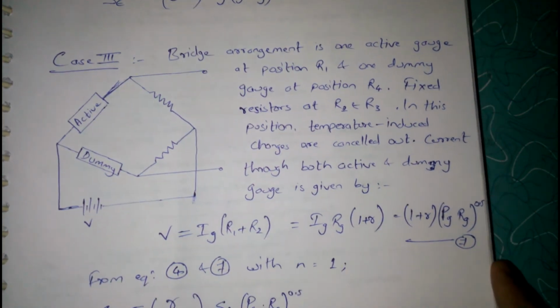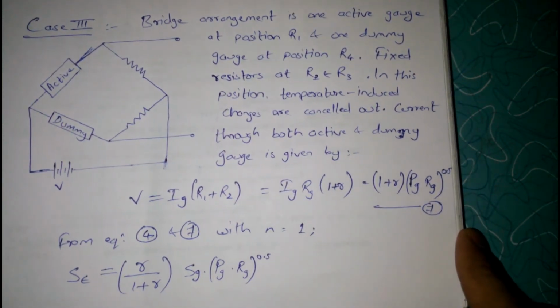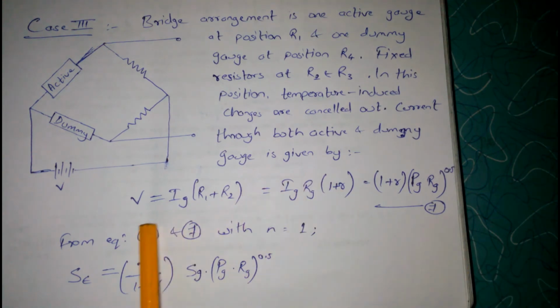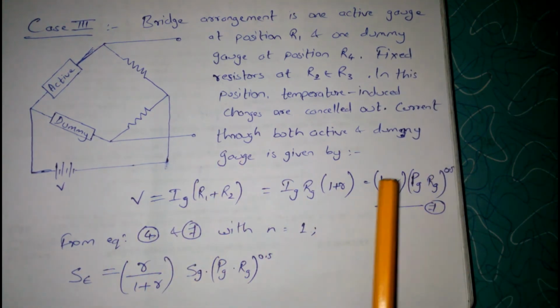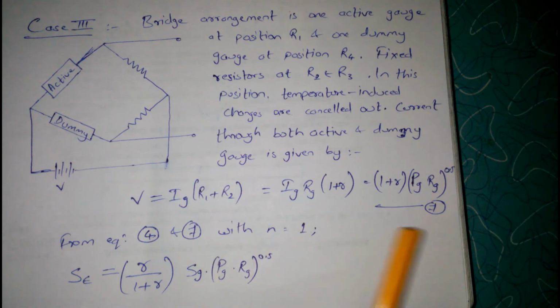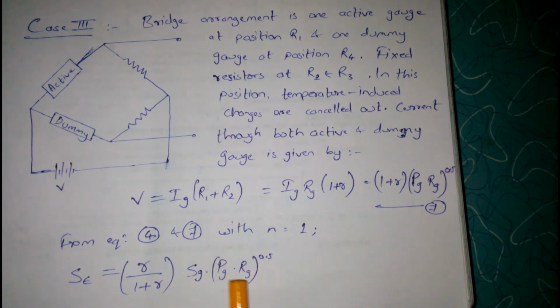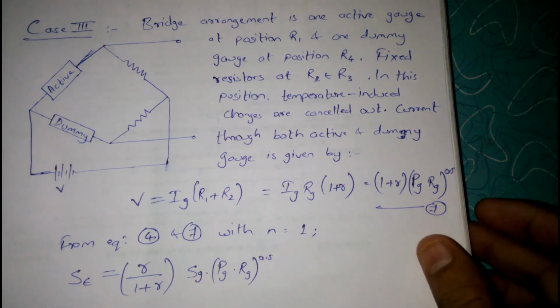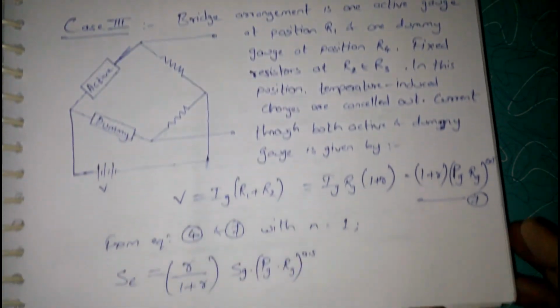The current through both the active and dummy gauge is given by this equation, and again by combining equations 4 and 7 with N equal to 1, we get strain sensitivity as R upon (1 plus R) SG multiplied by the square root of PG into RG. This is very similar to case 1.